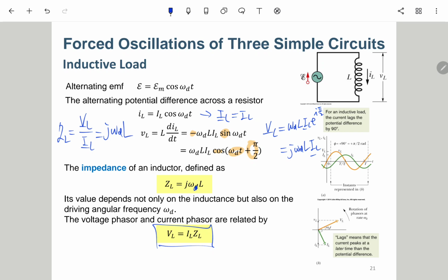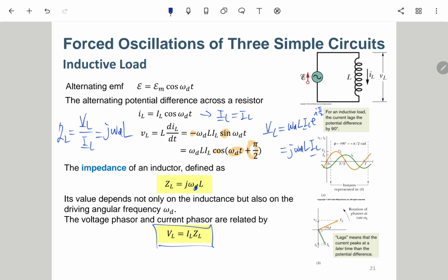Not only R, but also C and L satisfy the generalized Ohm's law, but we need to include the complex number. We can call it the phasor or the impedance of the RLC. All of them will satisfy the generalized Ohm's law: V equals IR, V equals I times Z.